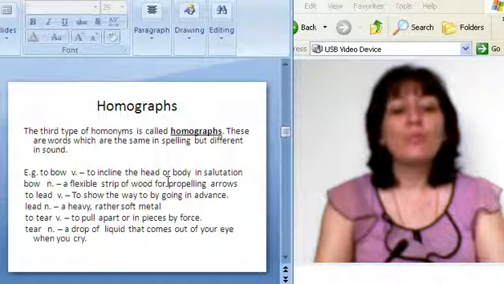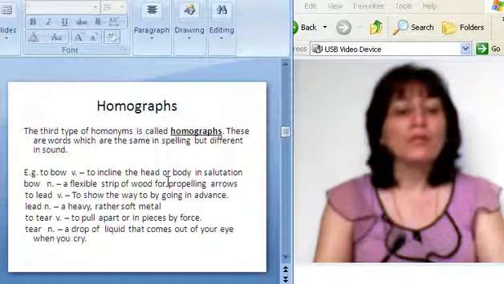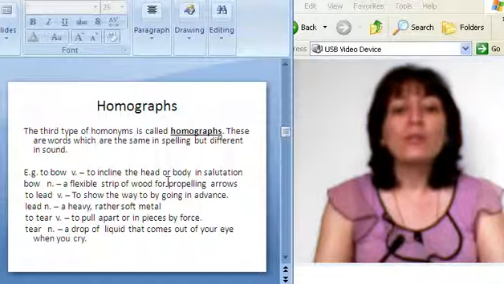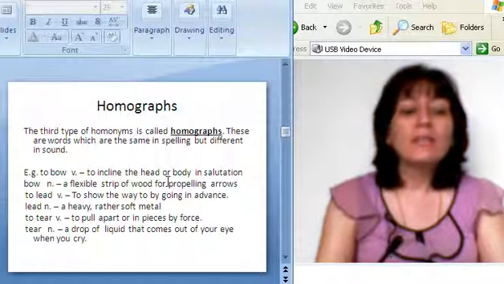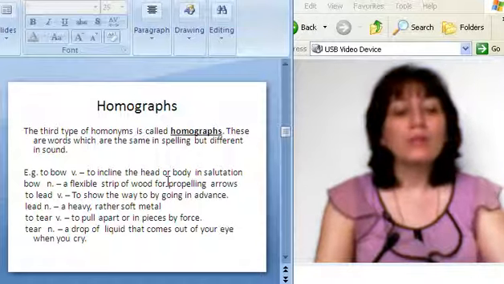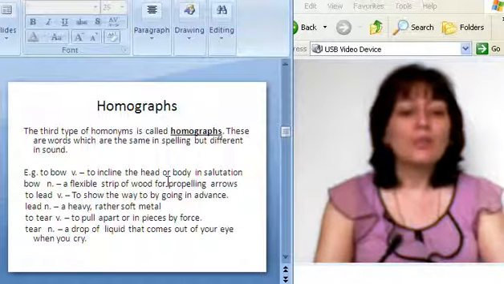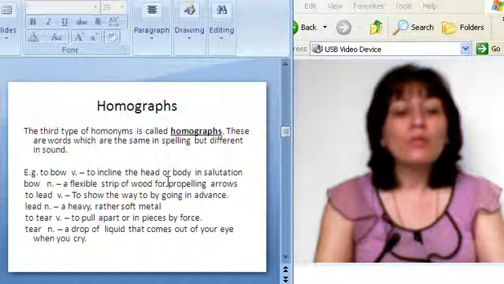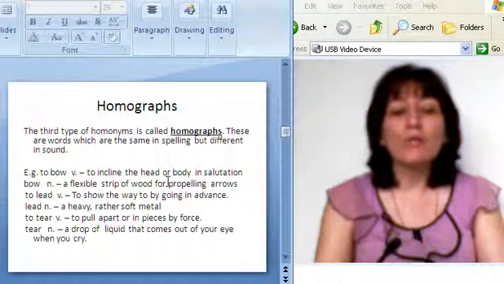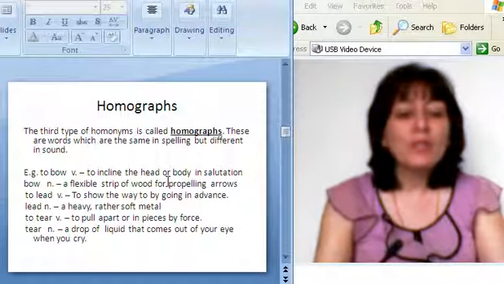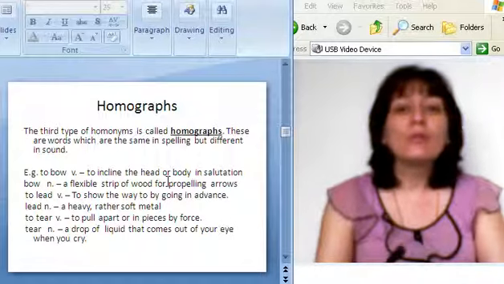To lead means to show the way to by going in advance, and lead as a noun is a heavy, rather soft metal. To tear means to pull apart or in pieces by force, and tear as a noun is a drop of liquid that comes out of your eye when you cry. So these words are same in spelling but they are absolutely different in sound, and they are called homographs.